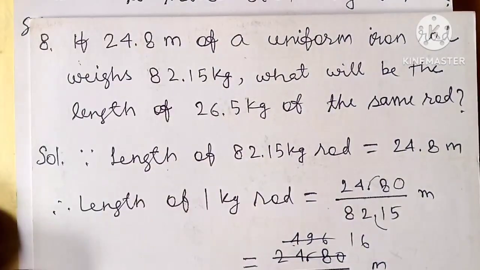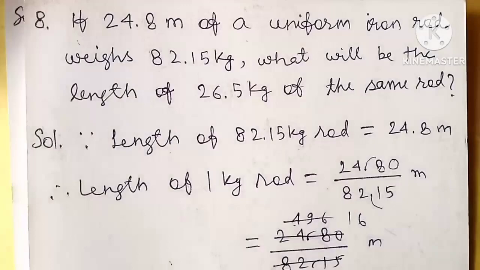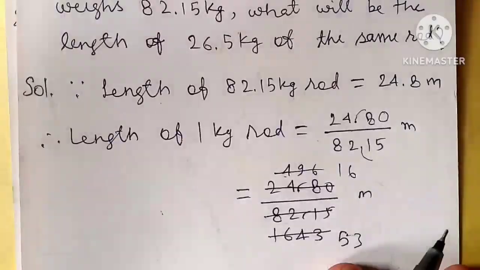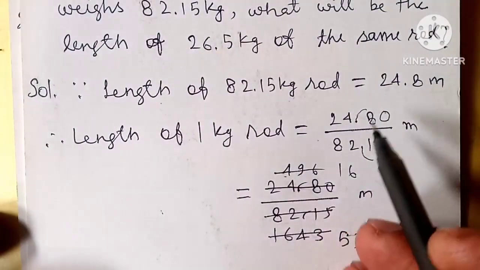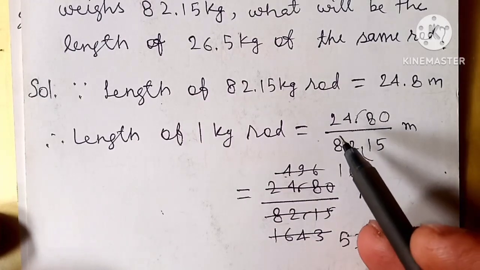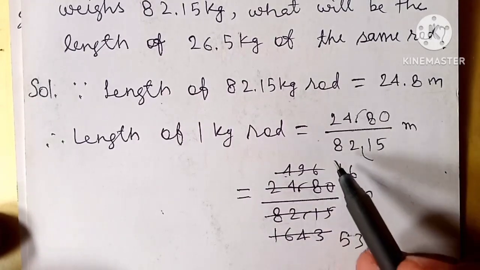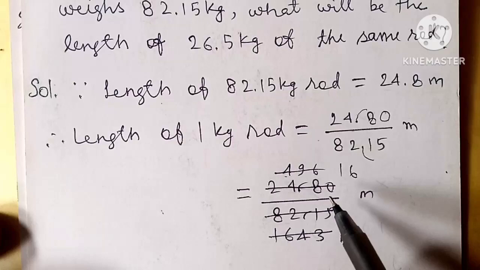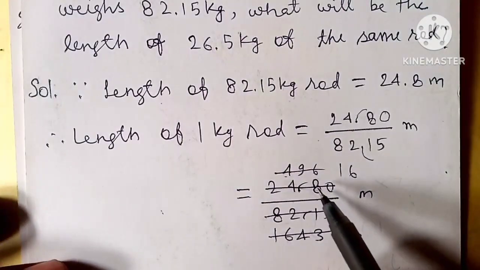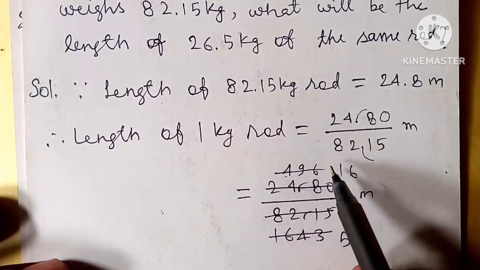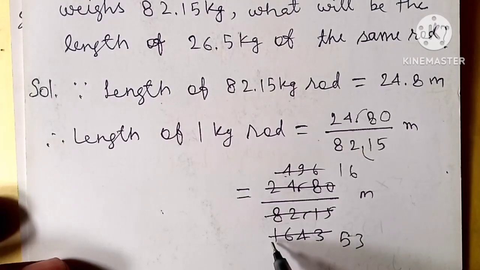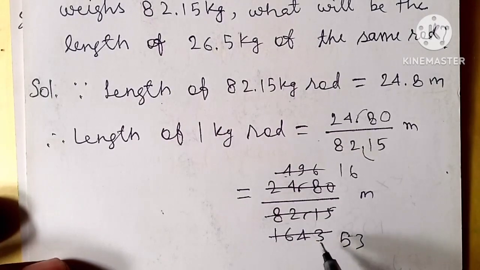In question number 8, let me recall how it can be found. Here, after removing the decimal, we have the numbers 2480 and 8215. After cancellation by 5, we have 496 here, and here we have 1643.